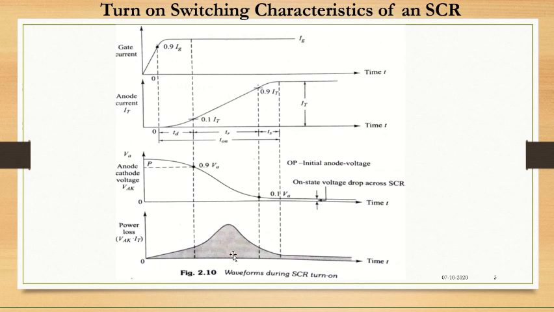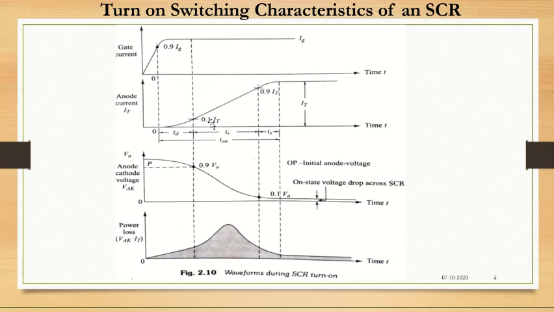Typically, when the load is RL type, this rise time will be more, since the rate of rise of anode current will be very slow in an RL type of circuit.